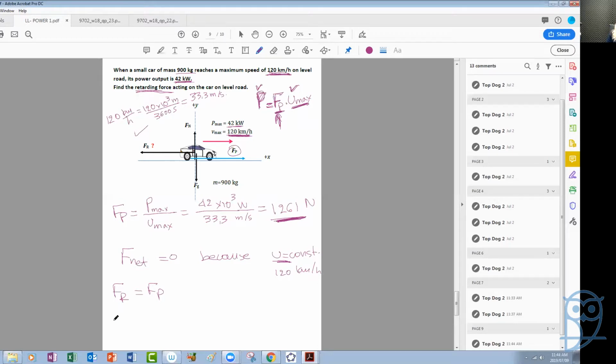Therefore, our answer, the retarding force is numerically 1,261 newtons and acts to the left, obviously, opposes the motion. So this is the magnitude of the retarding force. Okay, so this is how we found it.